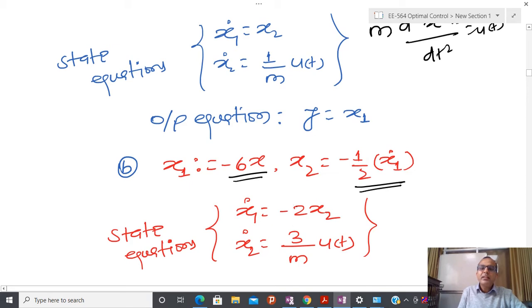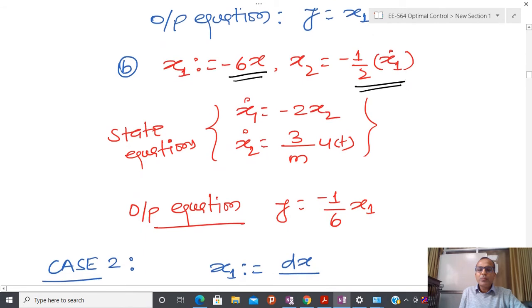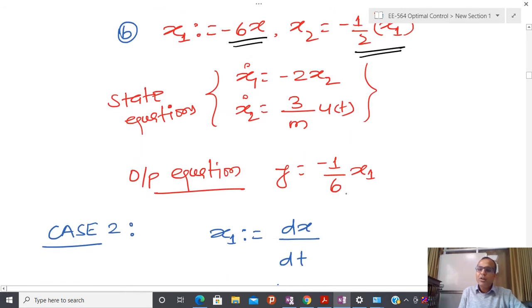Again you can see that I have a set of first order differential equations in terms of x1 and x2, and the output is also altered. It means that for the same system I can choose a different state space representation, and due to that reason the state space representation is not unique, it is a non-unique representation.